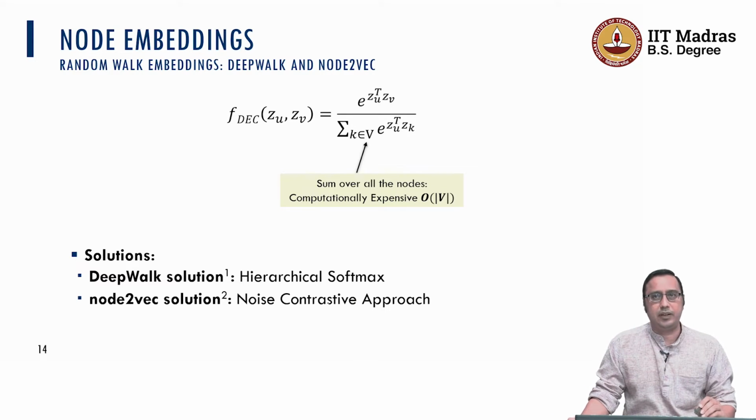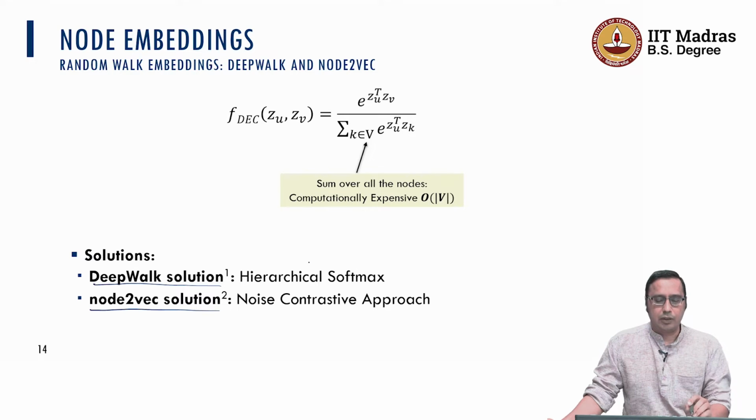There are two ways researchers solve the random walk embedding problem. One is the DeepWalk solution, another is the node2vec solution. In DeepWalk, we use hierarchical softmax as our tool for reducing the computational complexity. In node2vec, they use noise contrastive approaches for solving the same problem.